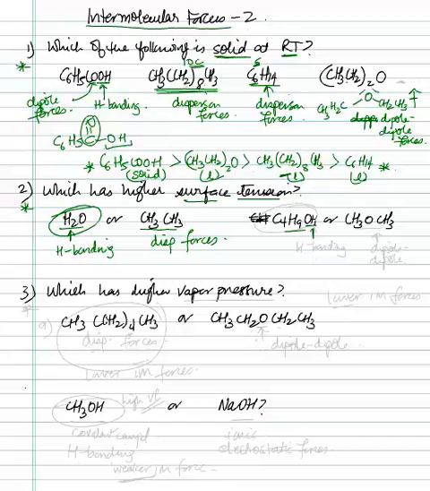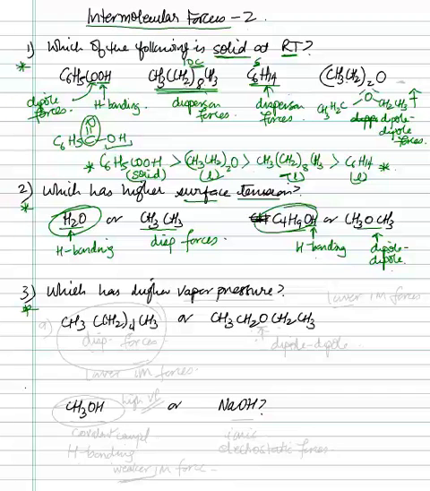C4H9OH, again we have H bonding. CH3OCH3 has dipole interaction, and so H bonding rules, and this one is going to have a higher surface tension.